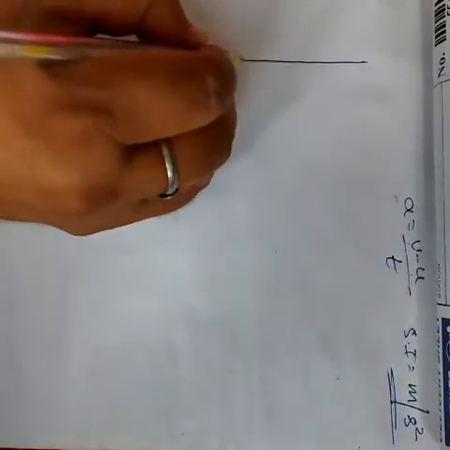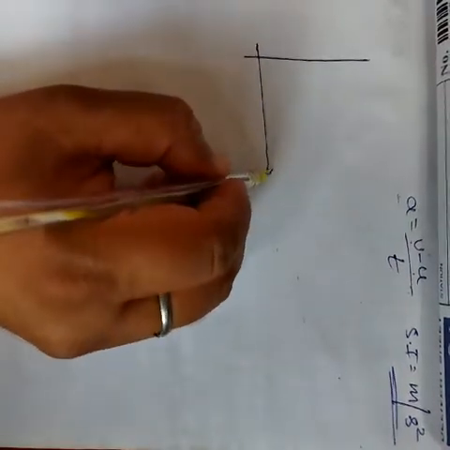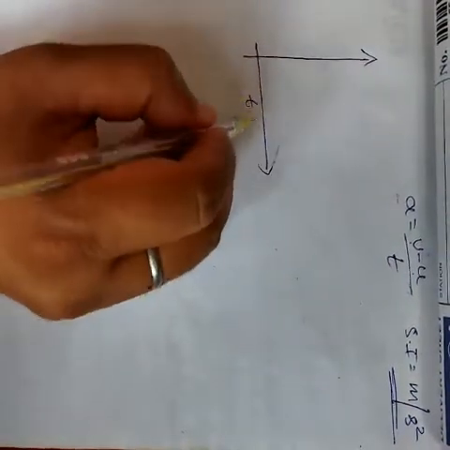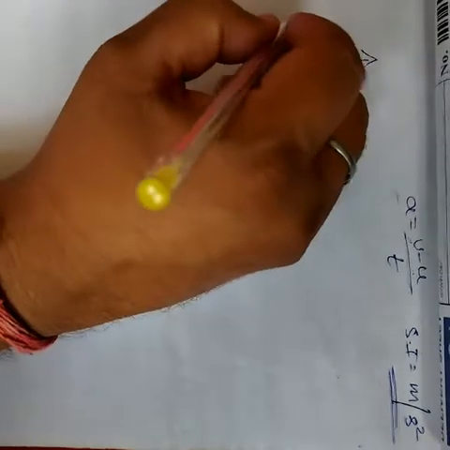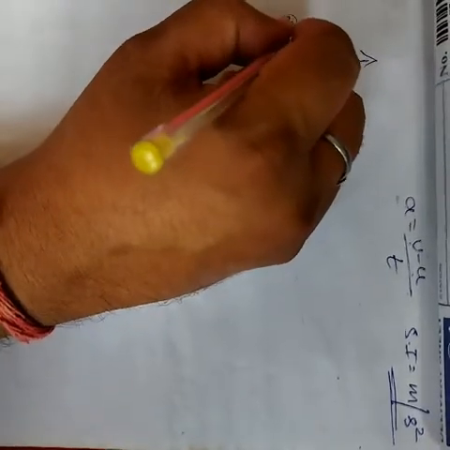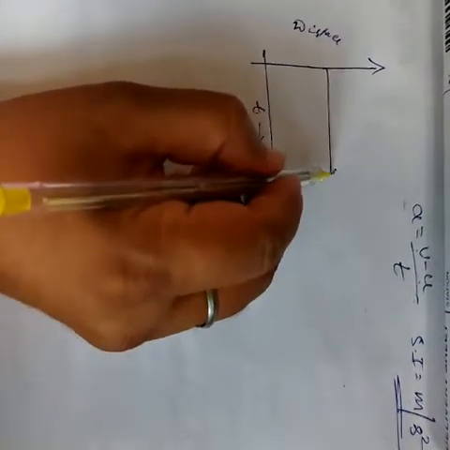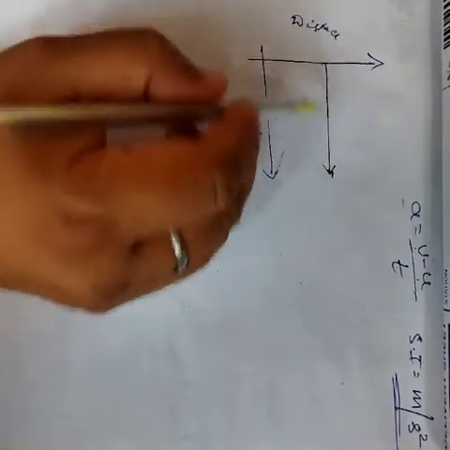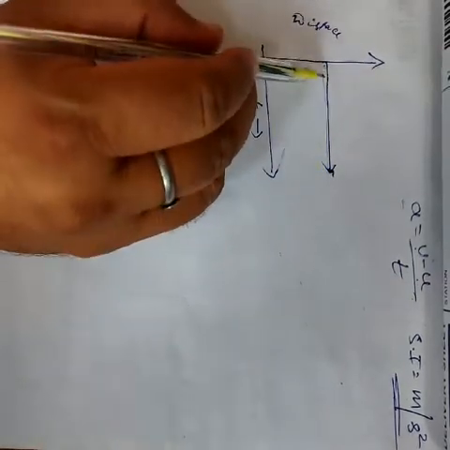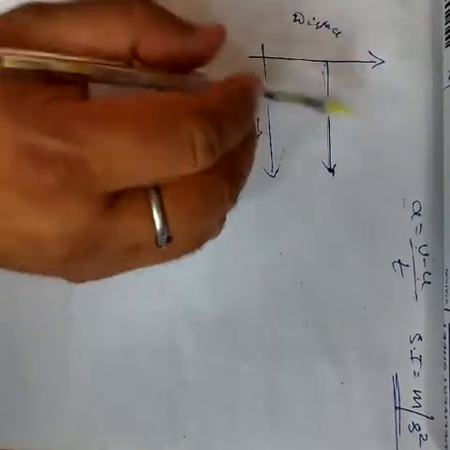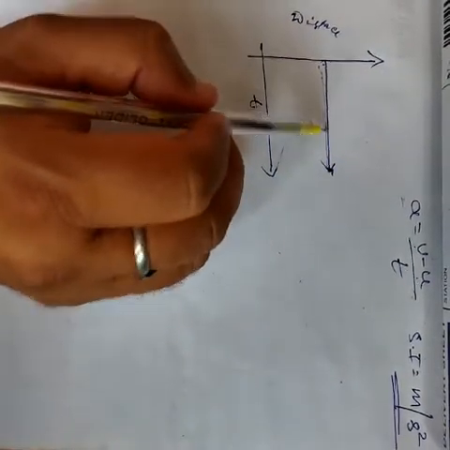One more graph is there, with time taken on one axis and distance on the other. If it is drawn like this, it means the object is at rest.